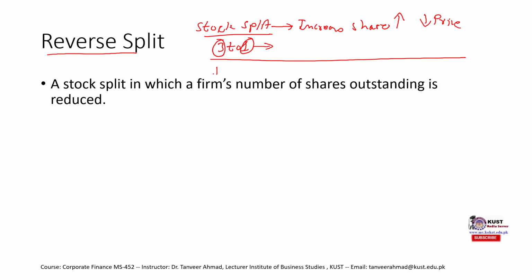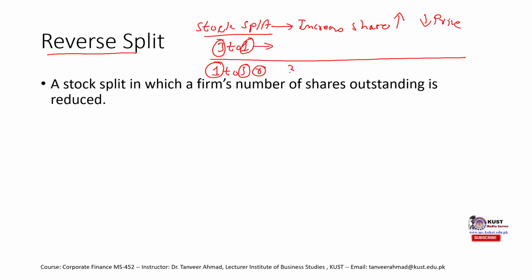Say, for example, the company would say 1-to-3 reverse split, which is also called a stock split, but it would be 1-to-3. So in this case, any shareholder previously holding 3 shares would now have only 1 share, right?